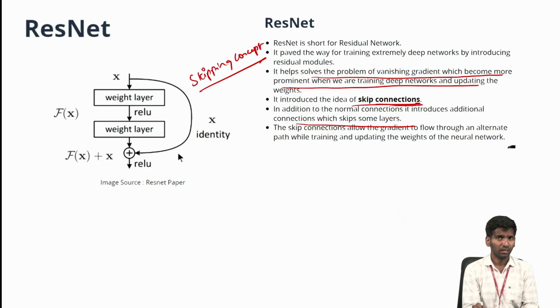Whenever there are unnecessary layers or connections, those are skipped automatically in this architecture. You need to remember that the unused layers are skipped, only the used layers are taken into consideration, and then the processing takes place.